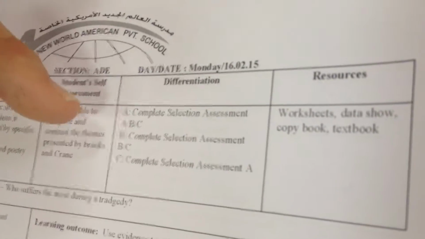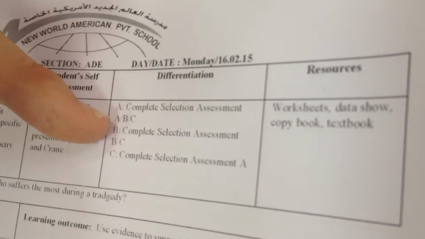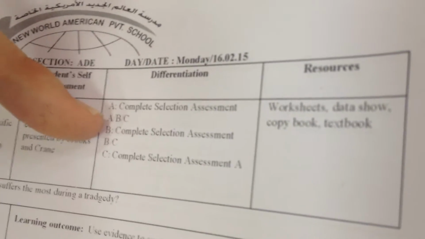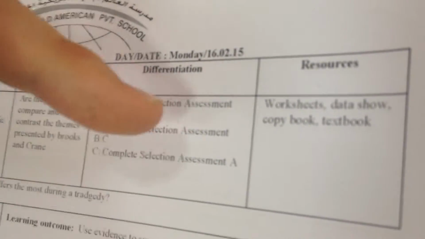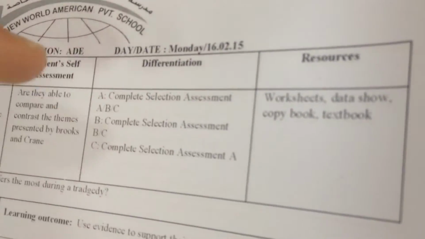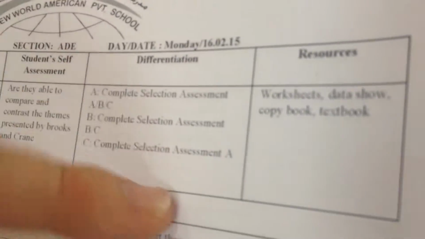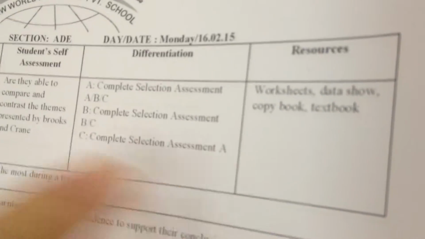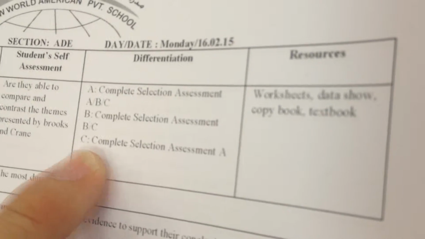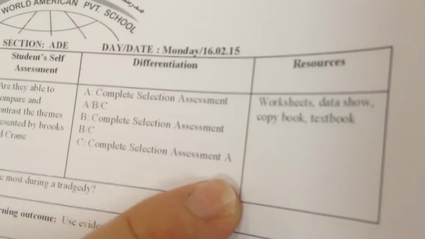Okay? Now my B level students, which are the mid-range ones, are going to complete selection assessment B and C, which is a little more challenging than selection assessment A. Okay, so my lowest group is going to complete the easiest one.